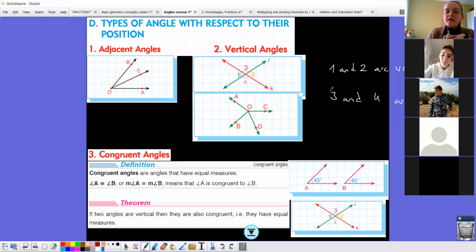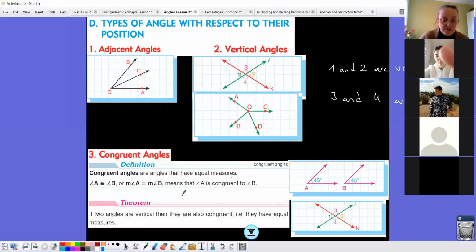Yes, teacher. And the third part, congruent angles. Congruent angles are angles that have equal measures, okay? It's like equal angles, but in geometry, for equality, we mostly use congruent: congruent angles, congruent triangles, congruent lines. If they have the same measurement, we call them congruent angles, okay?